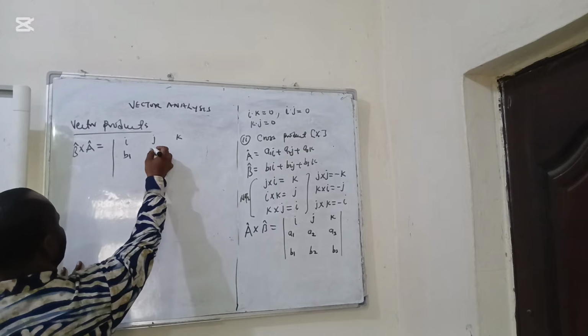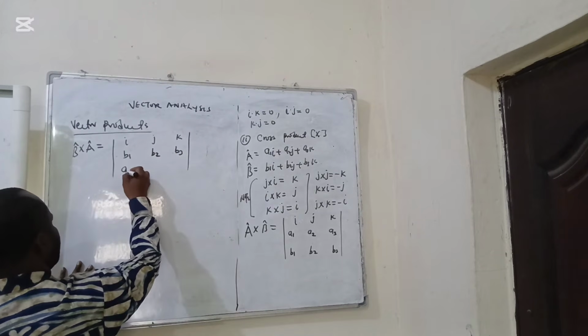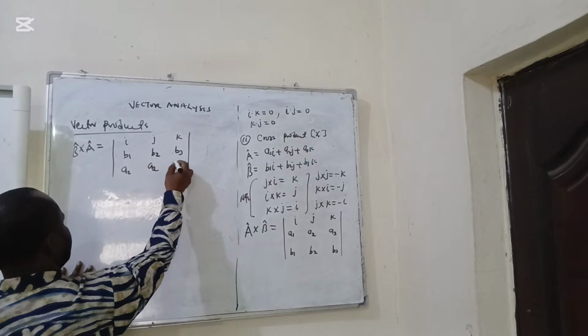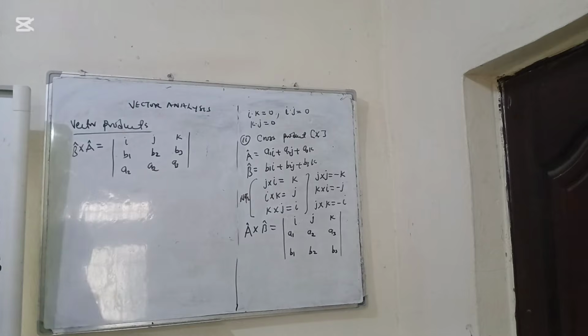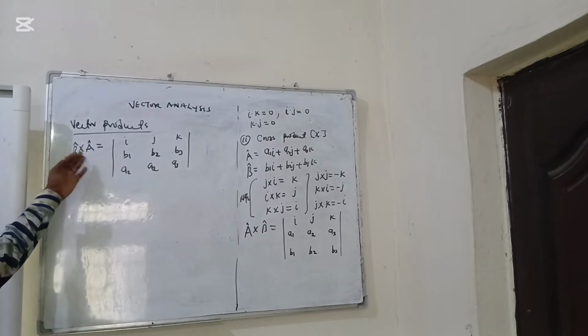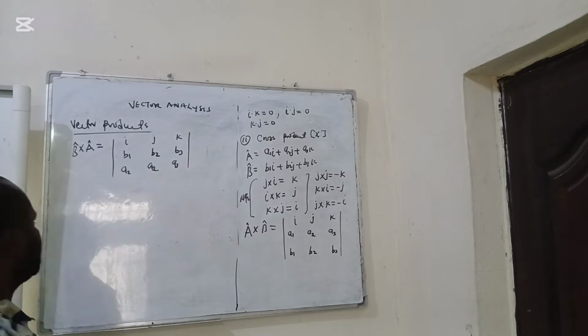So you put b1, b2, b3, and then you write a1, a2, and a3. So we can actually carry out the principle of determinants.